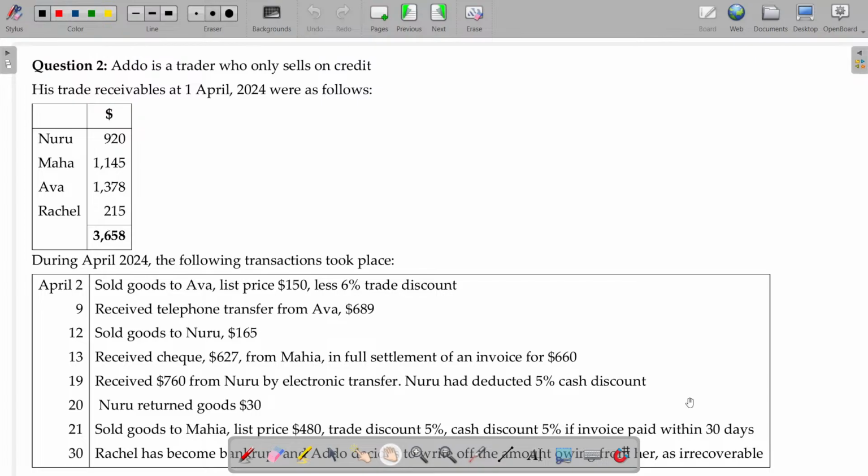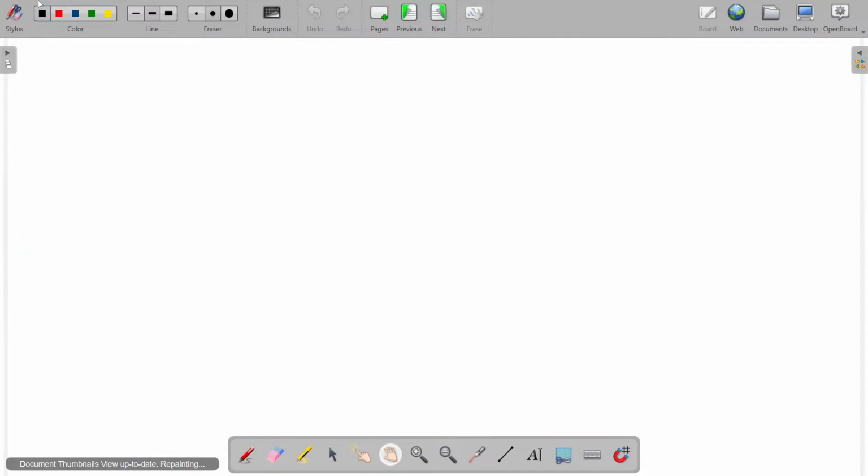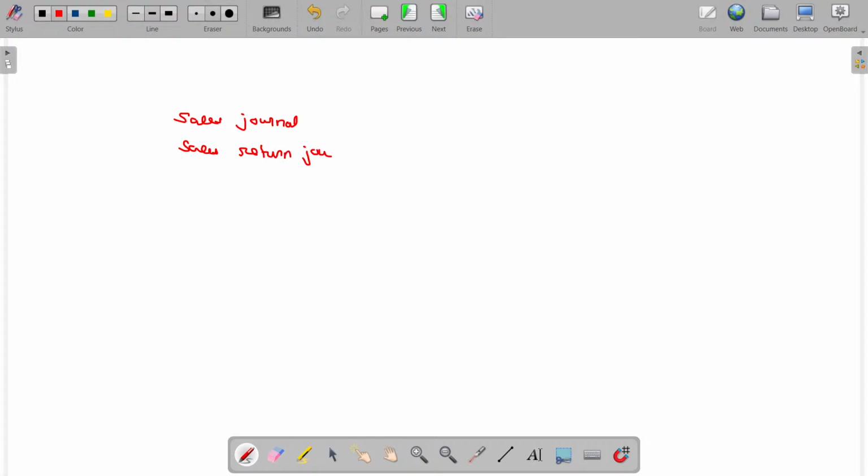Before I go for question number 2, let me give the summary here. What are the things going to be prepared here? Sales journal, sales return journal, and how this may be recorded in the sales account as well as the sales return account.